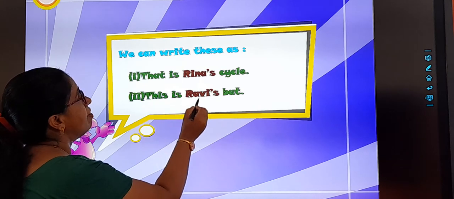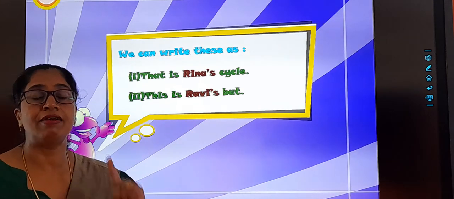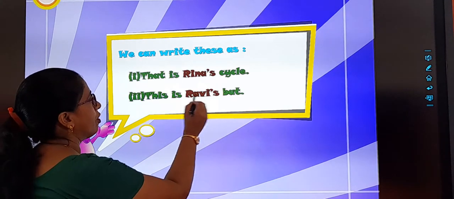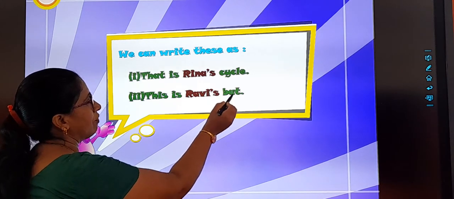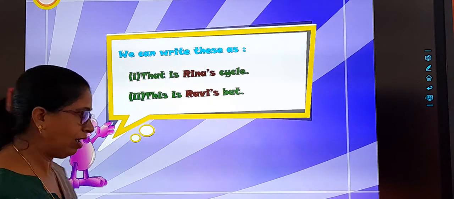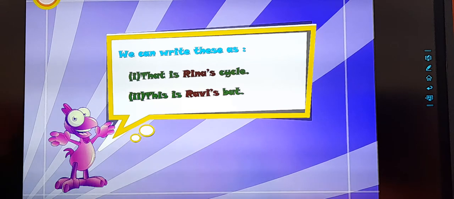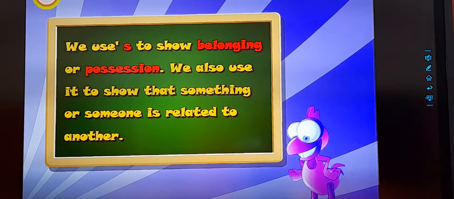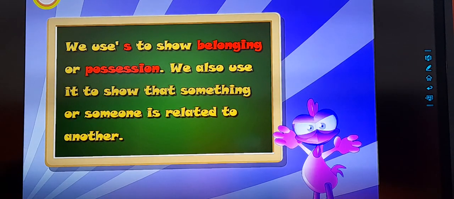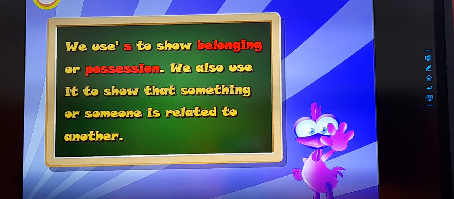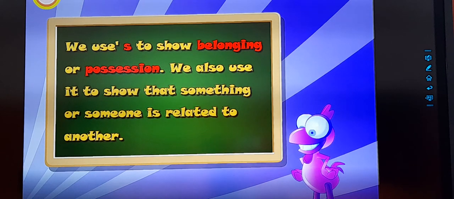This is Ravi's bat. After writing Ravi, put apostrophe S and bat. We use apostrophe S to show belonging or possession. We also use it to show that something or someone is related to another.